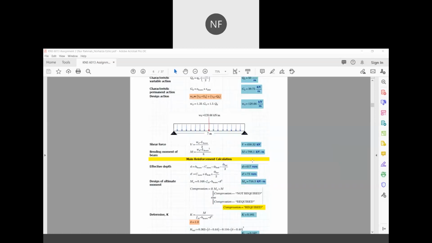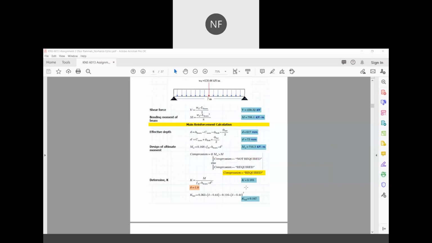And here's the UDL, where the shear force is equal to WL, the length of the beam, divided by 2, equivalent to 450.32 kilonewton, whereas the bending moment of the beam is equal to 788.1 kilonewton meter using the formula WL squared divided by 8.